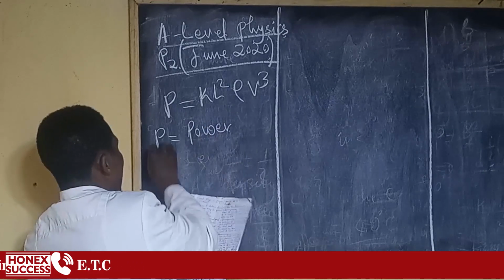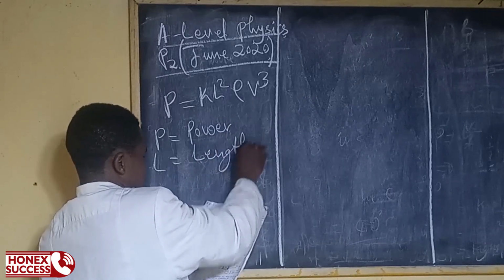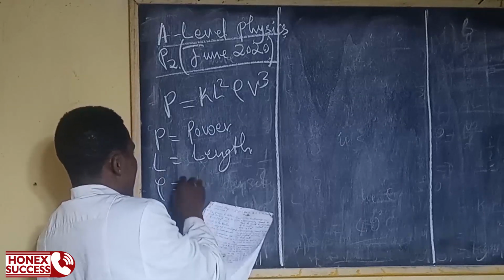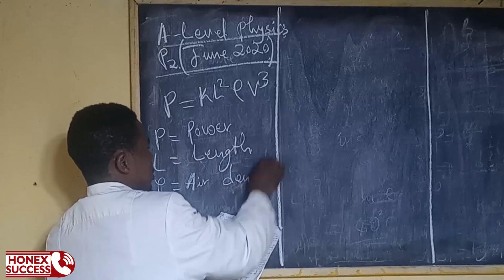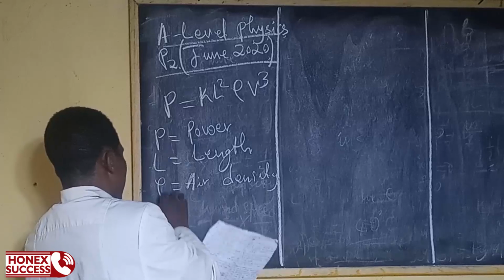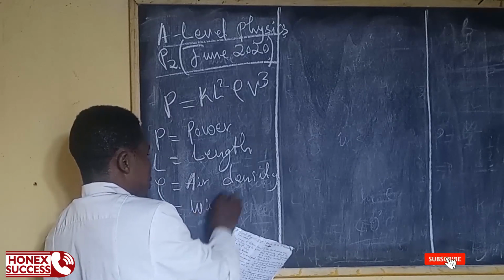L is the length of blades. Rho is air density. V is wind speed.